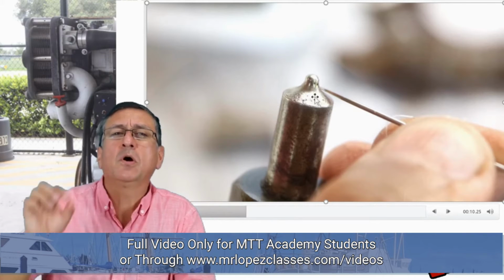Okay, this is the injector. You can verify the condition of the hole with a needle. You introduce the needle and look at this area of the injector. Those small holes are produced by vapor lock.